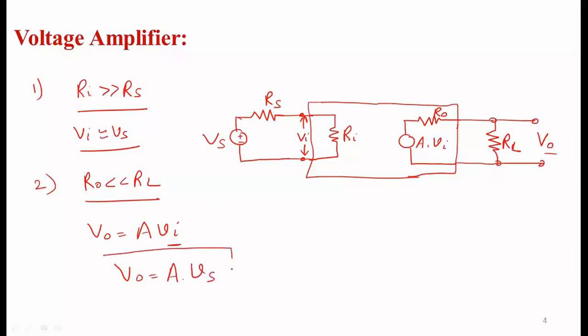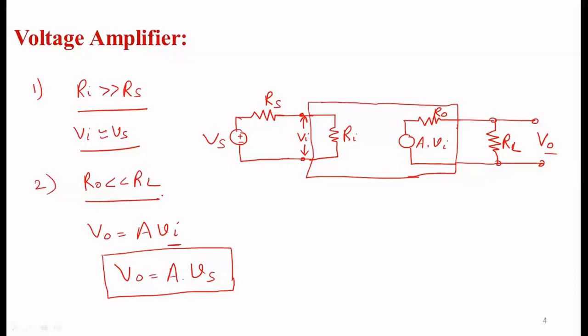By considering these two conditions, one is that the input resistance of the amplifier should be much greater than Rs, the source resistance, and second, the output resistance of the amplifier should be much less than the load resistance.